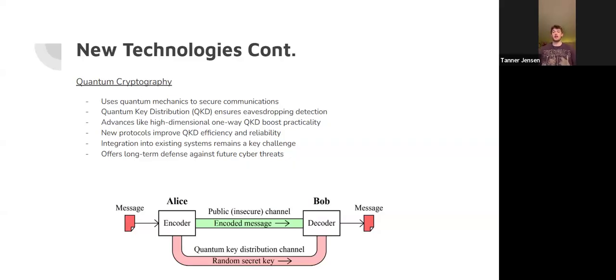Furthermore, innovations like high dimensional coherent one-way QKD, which can be thought of as an advanced fiber optic system, are helping make this technology more practical. Additionally, researchers are also refining protocols to reduce signal noise and make other improvements which improve efficiency.